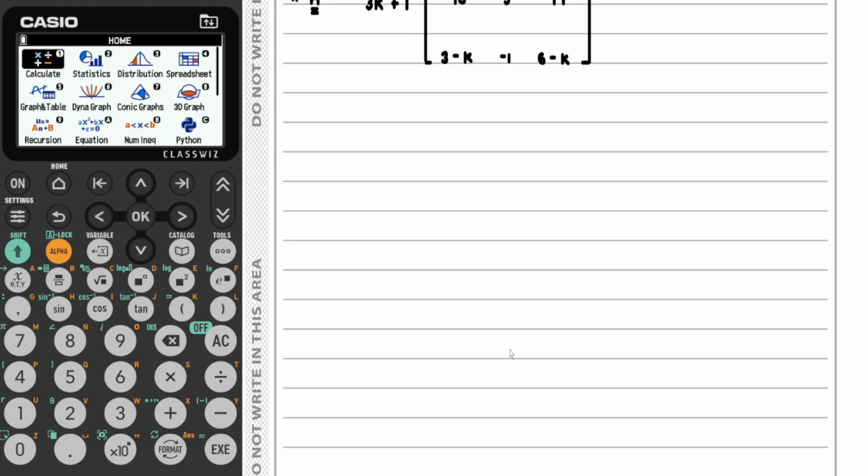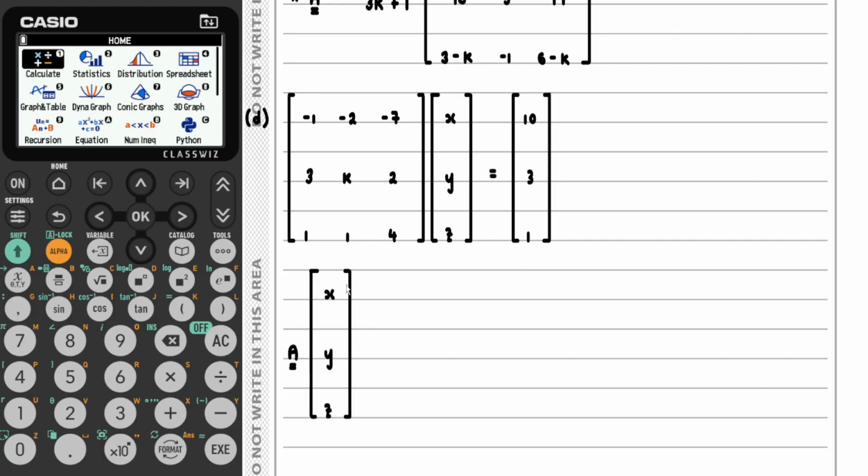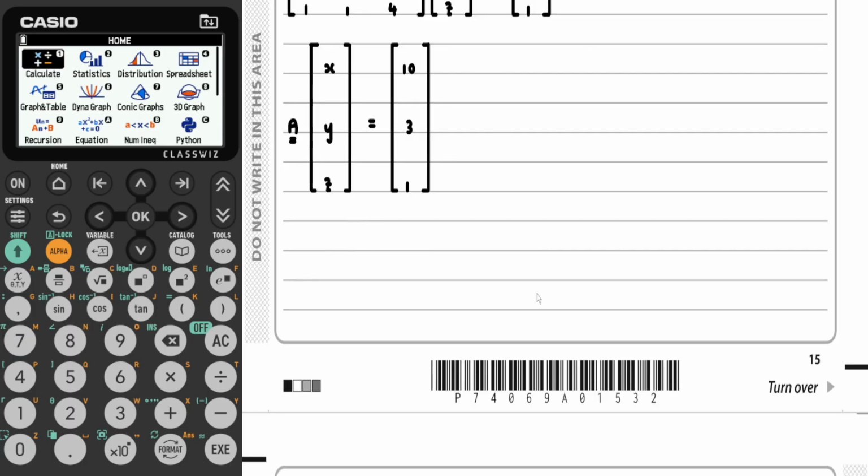So we can write that equation in matrix form. So I've got this matrix multiplied by x, y, z equals 10, 3, 1. So I've got A multiplied by x, y, z equals 10, 3, 1. To find out what x, y, z is, we have to multiply both sides by A inverse.